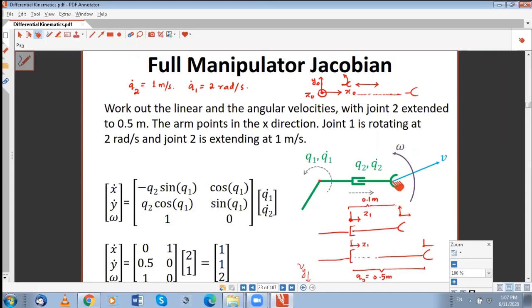The end effector is holding a brush, you want to paint along the wall. So let's say you want to move along the Y direction, sorry, along the wall with a constant velocity of, let's say, 1 meter per second.